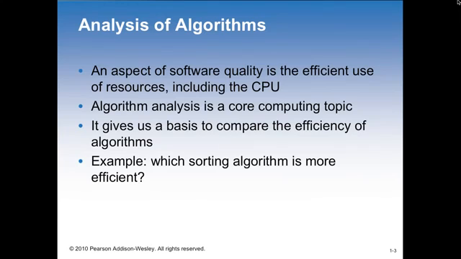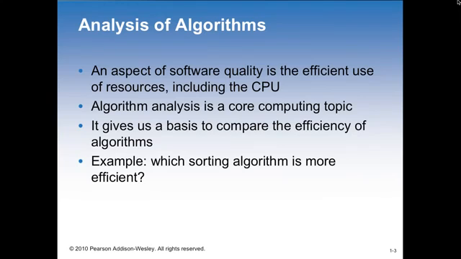So the aspect of software quality is the efficient use of the resources, including the CPU, which means the calculations that are being performed. We want to make sure that not only are they performed correctly, but they are done in an efficient manner. And so an algorithm itself and the analysis is the core to the computing topic. It's very closely tied to data structures, so it gives us a basis for comparing efficiency of algorithms.